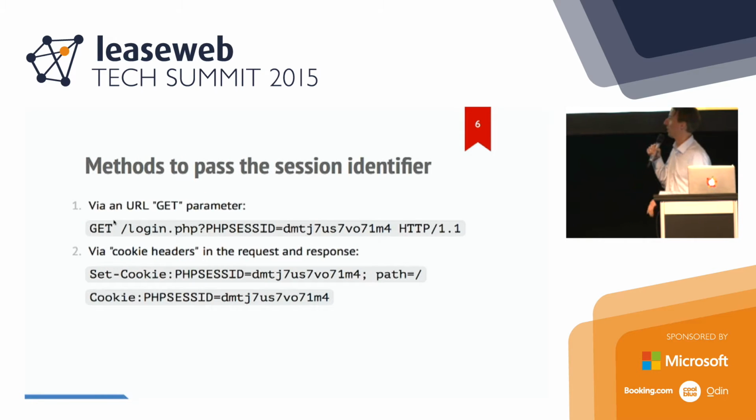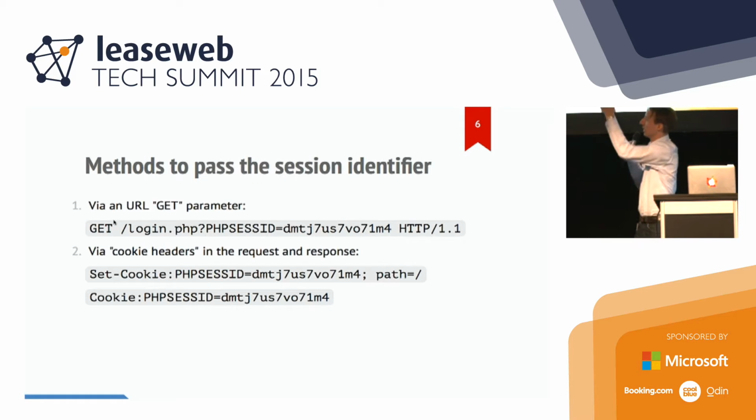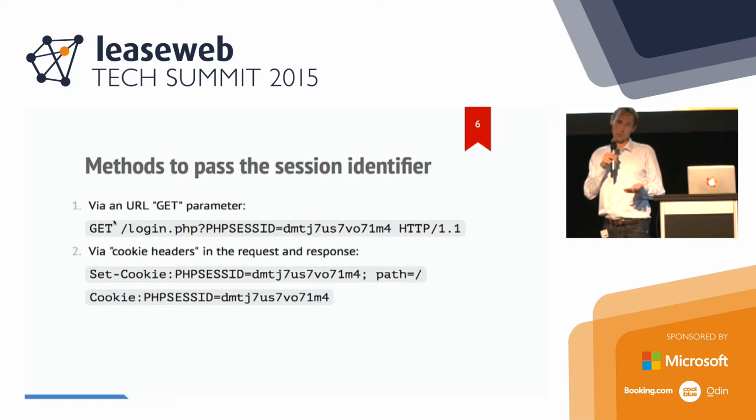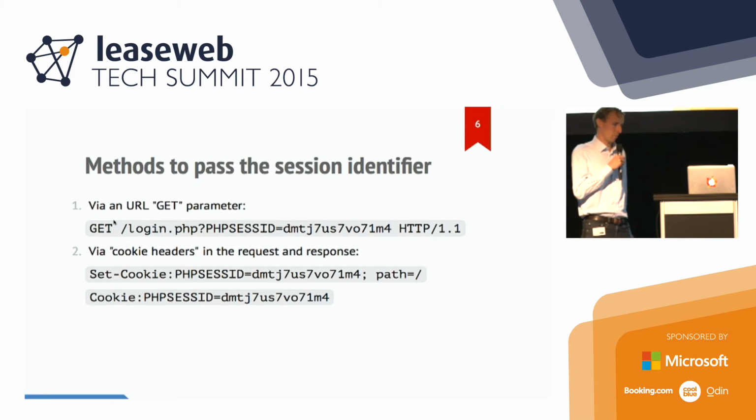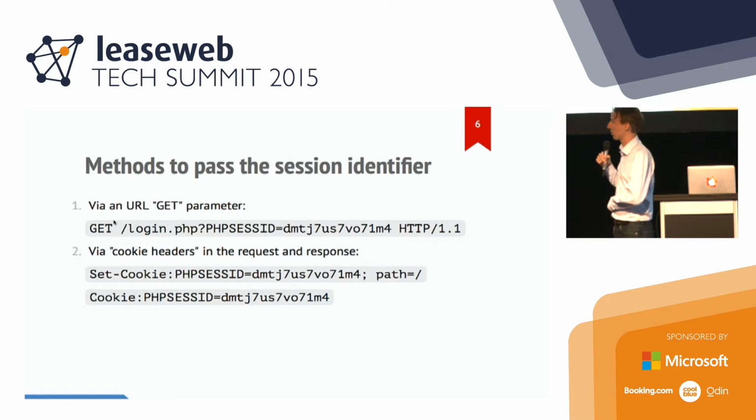It could have also been done, and it's actually supported, to send it as a GET parameter, which is what you see on method 1, but it would make your URLs very ugly. And when you look at real-life applications, nobody's doing this. It can be done, but it's not used. The method that everybody uses is to send cookies. You see the two cookie headers displayed.